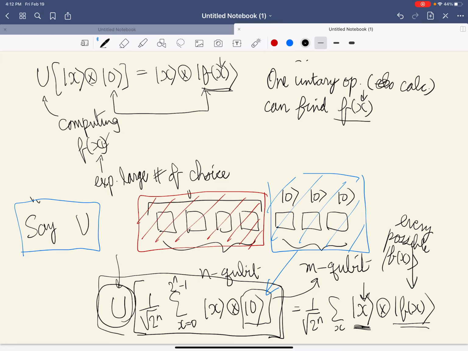The next computer computes this value for the next choice of x, and so on. To accomplish that using classical computers, you literally have to put together an exponentially large number of computers and give them different inputs. But once you have a quantum computer, you just need one quantum computer to perform those exponentially large number of operations at once.